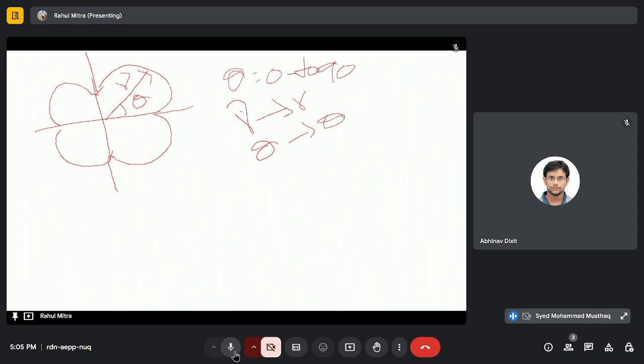Now from this we define the equilibrium shape of a particle. Suppose I draw the surface free energy from here to here, and there I draw a tangent, and I do it for all points.